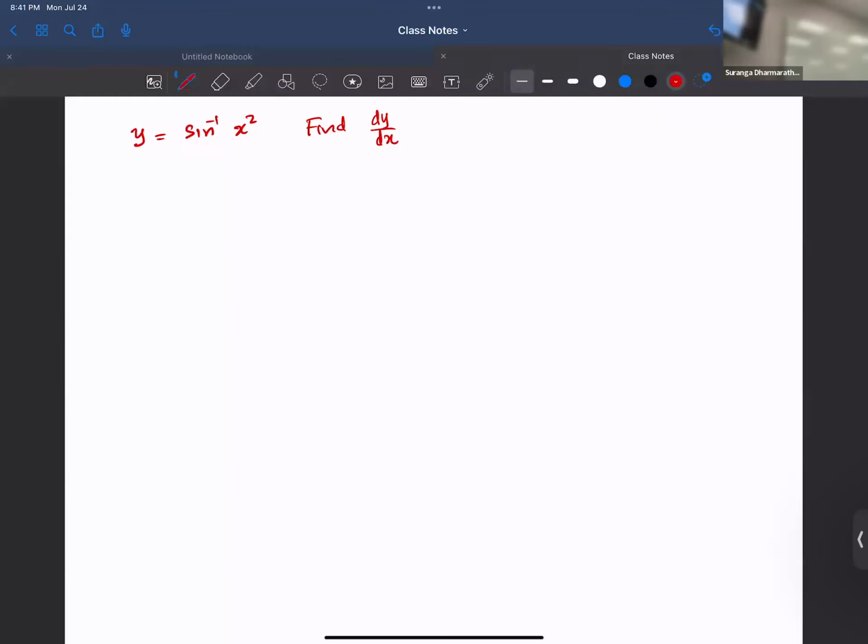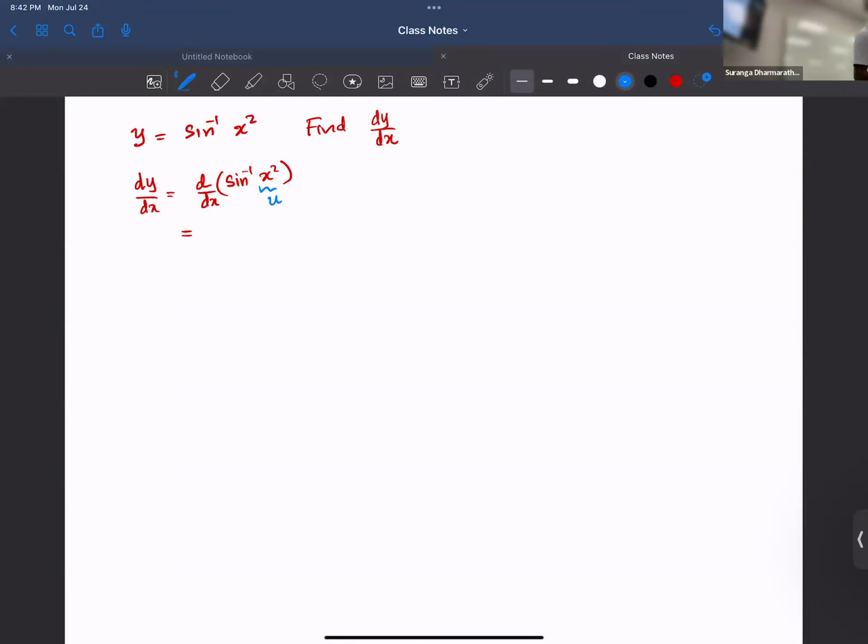So dy over dx equals d over dx of sine inverse of x squared. And here you can put x squared as u.